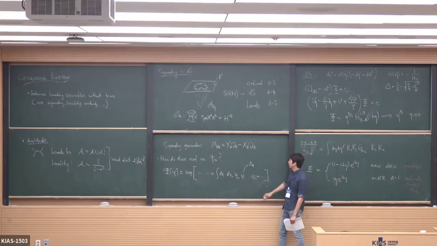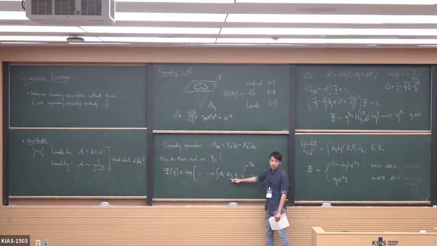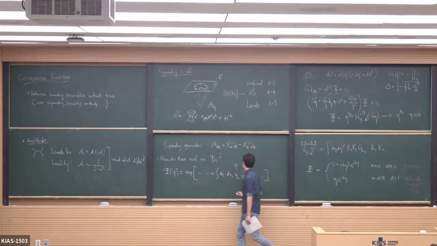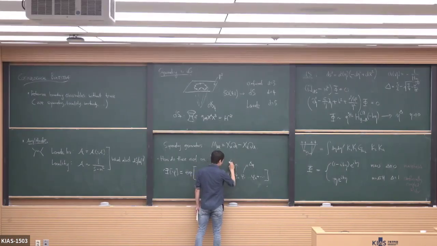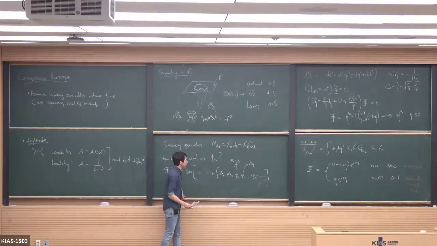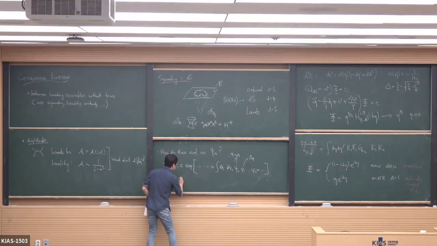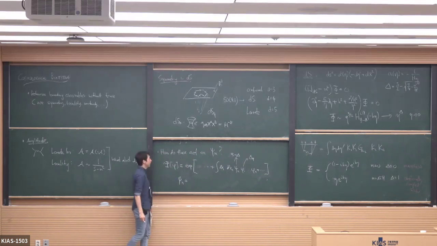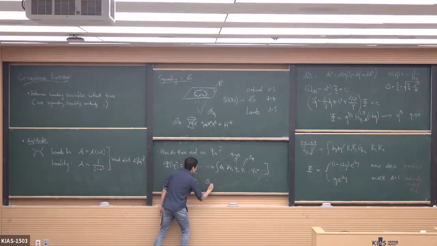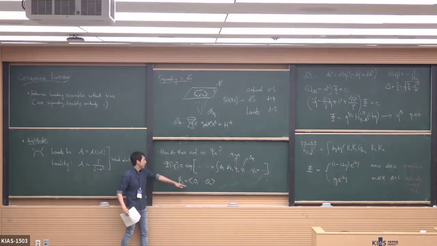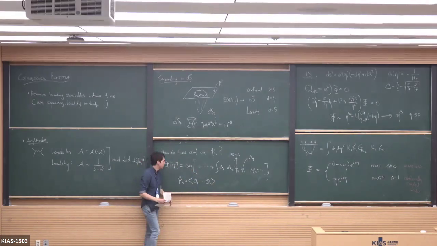Now, this whole integral has to be dimensionless. Because these measure factors have dimensions, that implies that the dimension of this wave function must be 3 minus delta, where the wave function can be thought of as being some correlator with some n operators.